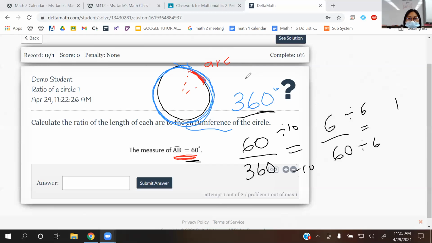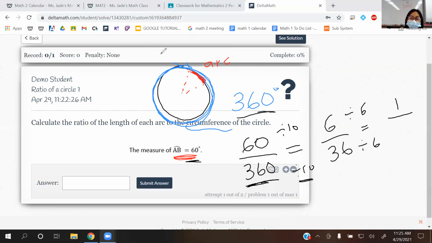And 6 divided by 6 gives us 1. 60 divided by 6 gives us 10. Wait, sorry. I completely missed the number here. This is 360 divided by 10. That should be not 60. How did I write that? 360 divided by 10 is 36.